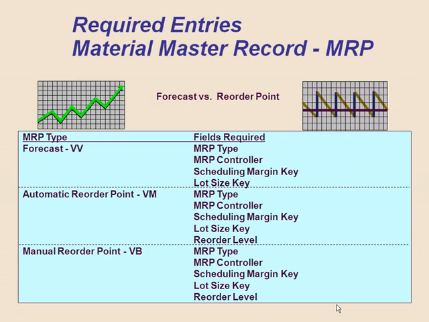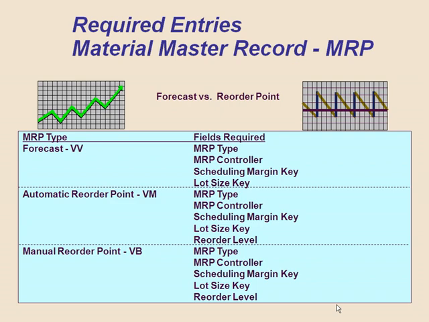Okay, the next thing is what are the fields required for the MRP. You have seen basic data 1 to purchasing, general plant data 1 to accounting view, and so on. Now let's look at the MRP views. What views are required for MRP and what fields are required in the MRP views.